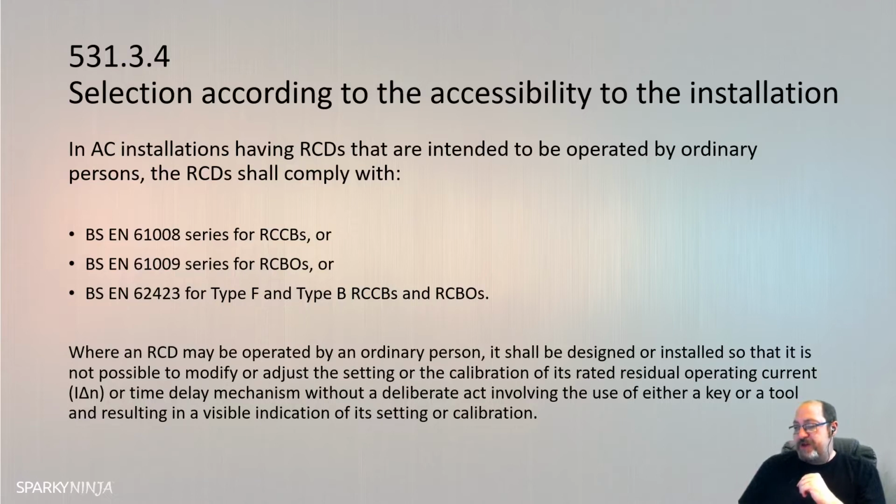Alright, so if it's an AC installation with RCDs that are intended to be operated by ordinary persons, so this is again your homeowner, your typical office worker, someone who isn't instructed or skilled, okay, then we'll use RCDs to BS EN 61008 and 61009 for RCCBs and RCBOs, and 62423 for Type F and Type B RCCBs and RCBOs. It then says in 201, so this is again a UK specific regulation.